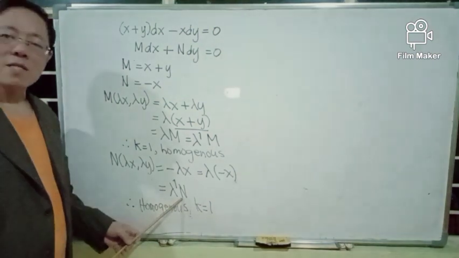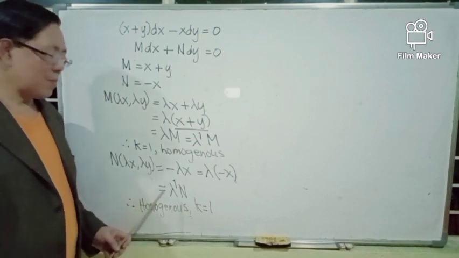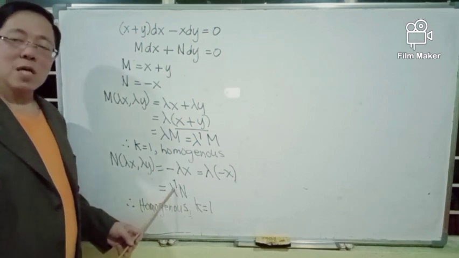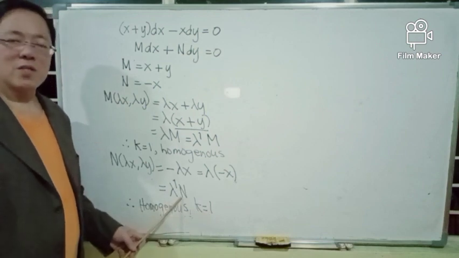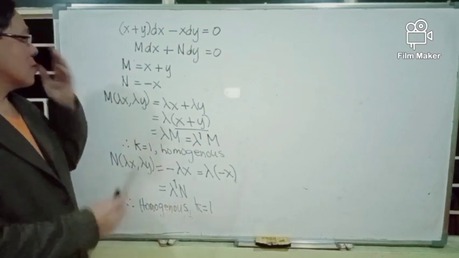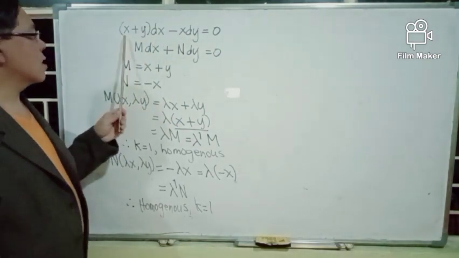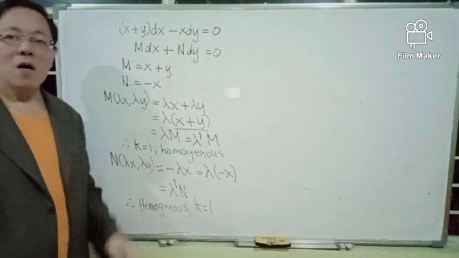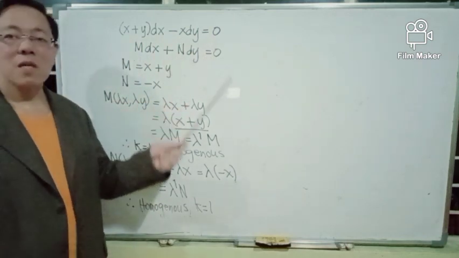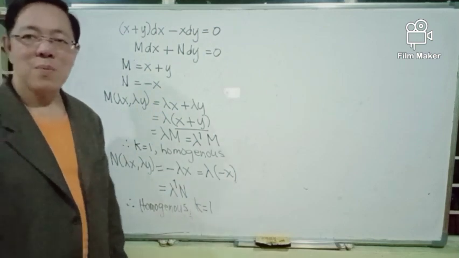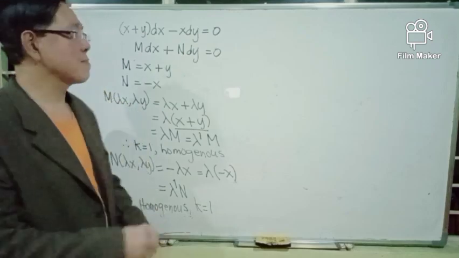The function N is homogeneous of degree 1 because N of lambda x, lambda y can be written as the product of lambda raised to some exponent k, which is 1, times the function N of x y. Therefore, the coefficients of dx and dy in the given differential equation are both homogeneous functions of the same degree 1, so this differential equation can be solved by the method for differential equations with homogeneous coefficients.